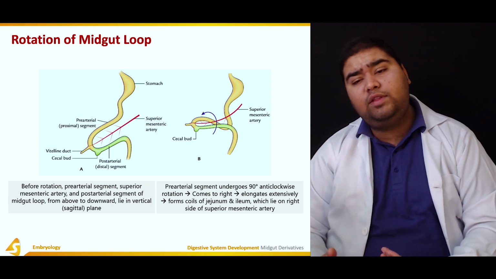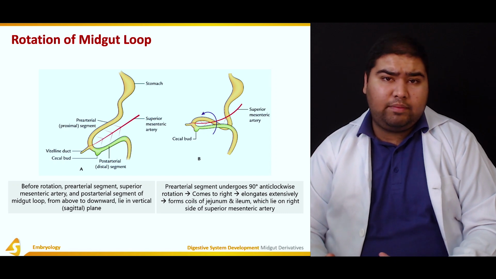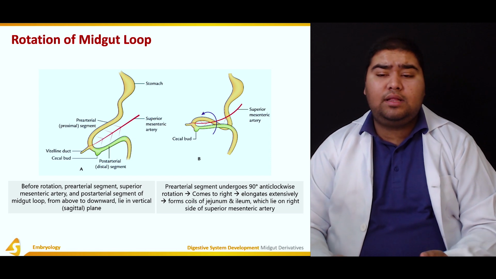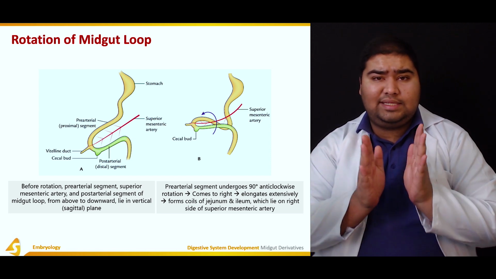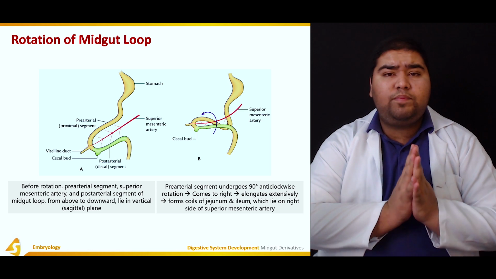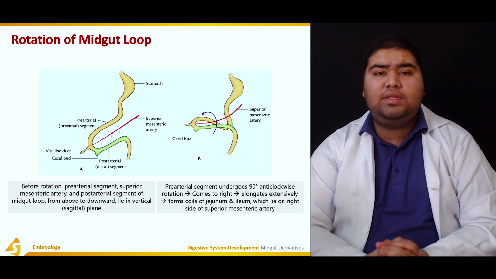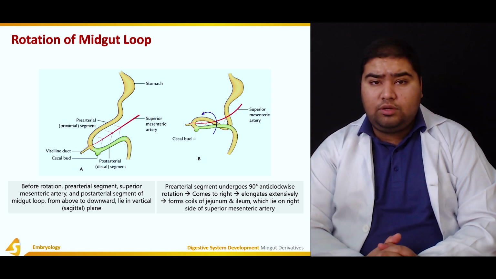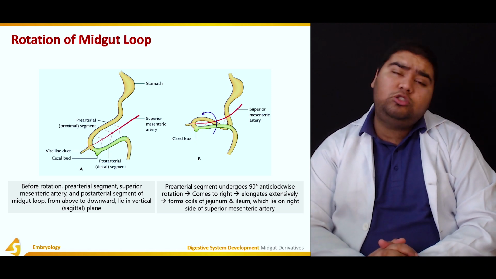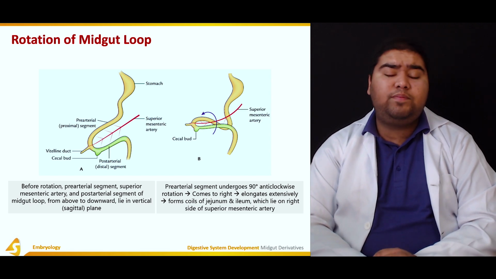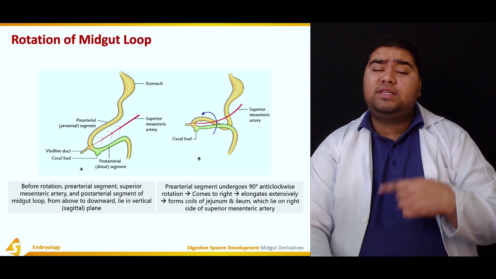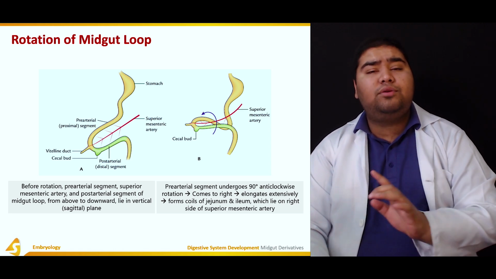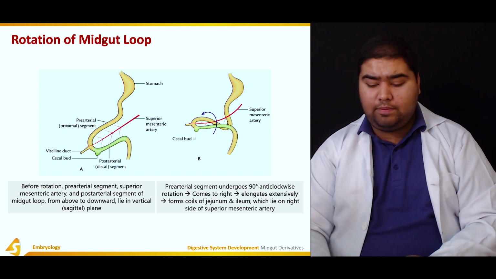This 90-degree anti-clockwise rotation of the prearterial segment resulted in this segment coming to the right side of the superior mesenteric artery. So this is the first rotation that has taken place, and still a 180-degree rotation has yet to take place.